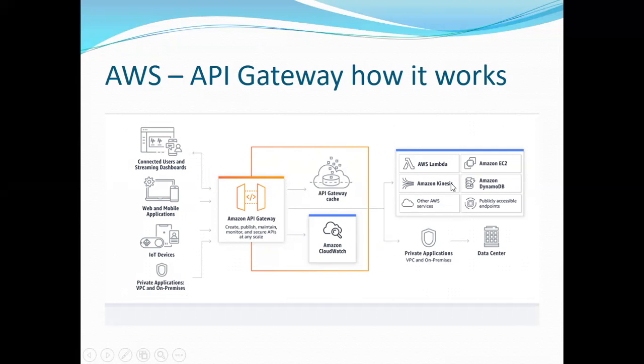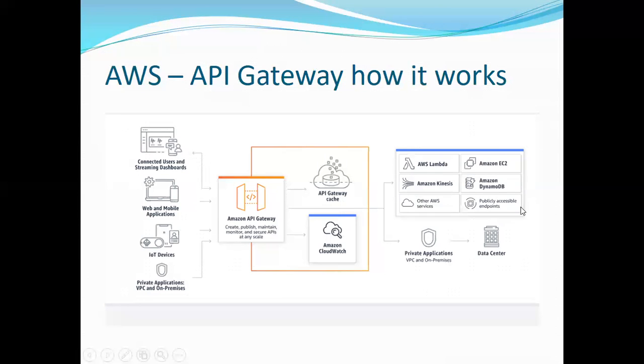It can invoke various services passing the data, and you can use the various methods supported by the API, like put, get, update, delete, and post methods, to invoke the required service within AWS. Like a Lambda service can be invoked, you can post data into a service that is running on an EC2 environment, or you can query data from Amazon DynamoDB.